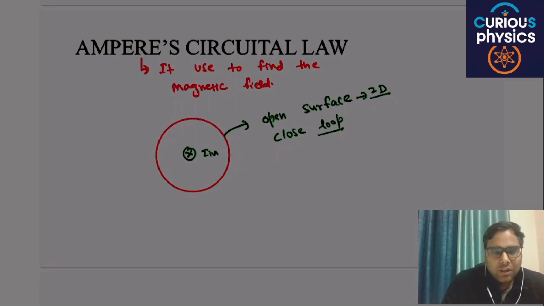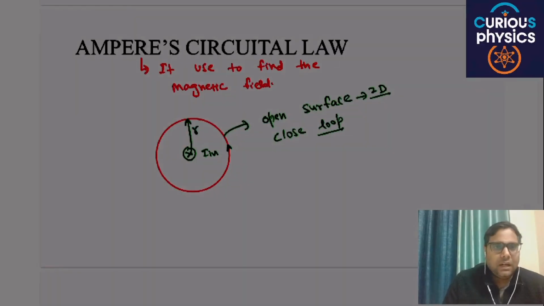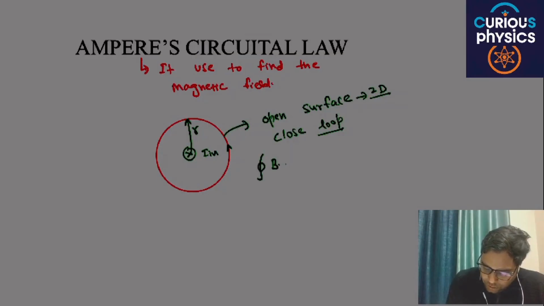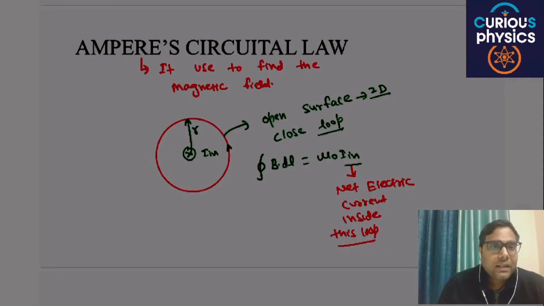Then according to Ampere circuital law, the magnetic field at a distance r, B into dl, is equal to mu naught into I in, which is the net electric current inside this loop. This is basically the Ampere circuital law.